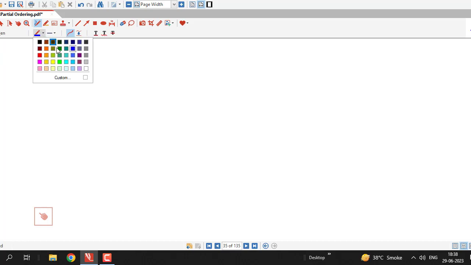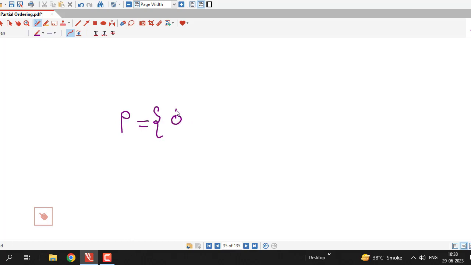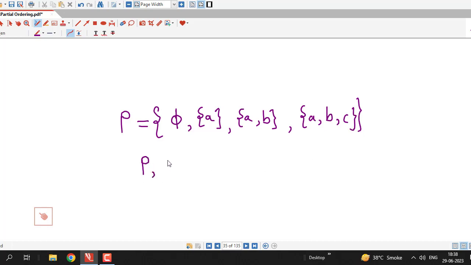Now if you recall, we have seen inclusion relation also. Suppose I consider this set, say P, equal to a collection of 4 sets: the empty set, the set having one element A, then 2 elements, and then 3 elements. And suppose I consider inclusion relation.